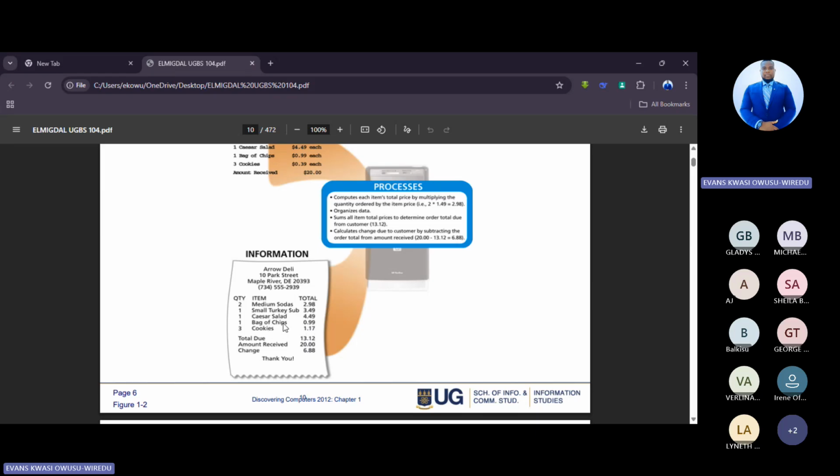So if there's a tax of 2% on the goods, they will calculate the value of the 2% on the goods you bought, and this 2% will now turn into a value and add up.